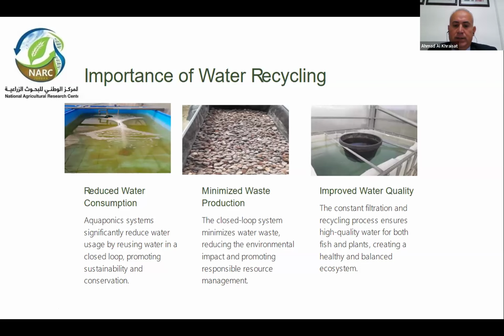After filtration from the grow bed, we improve the water quality. That means we should put high quality water for both the fish and the plants, which otherwise would have an adverse effect on the health and balance of the ecosystem.